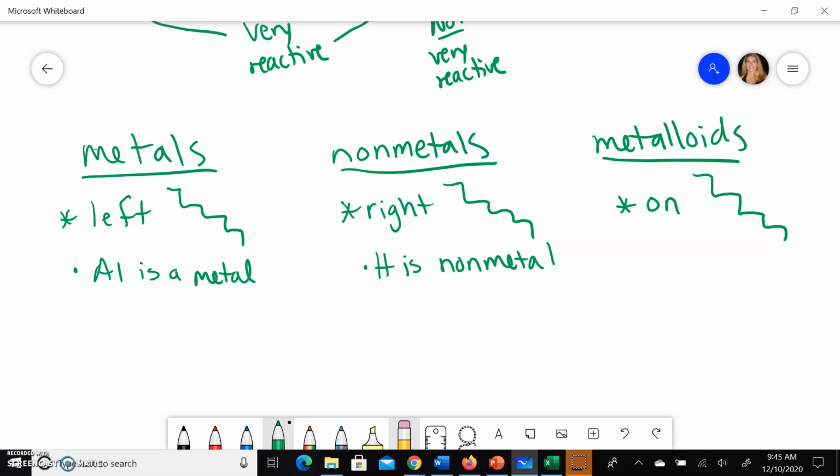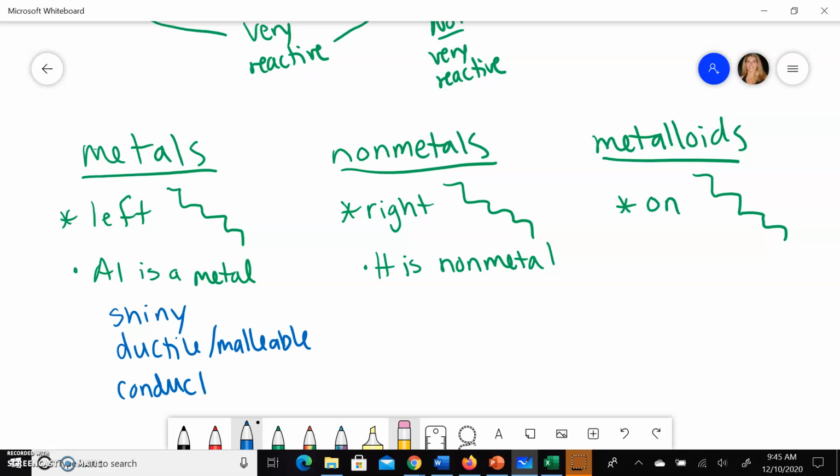Then you need to know some properties of these. You need to know that metals are shiny, they are ductile and malleable, and they conduct electricity well. That's because of that sea of electrons. You need to know that nonmetals are pretty much the opposite.